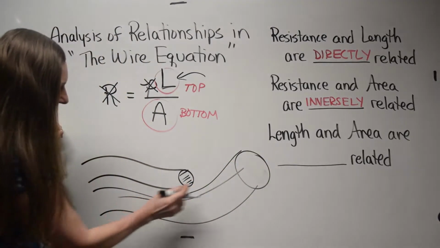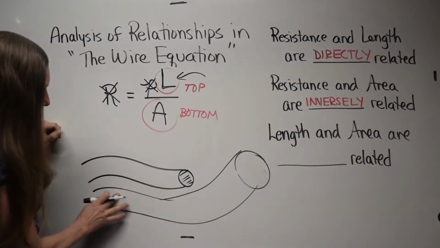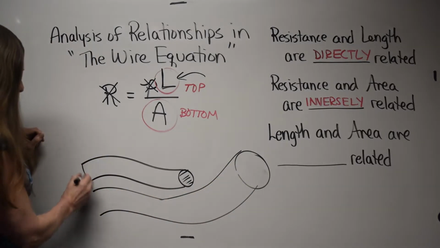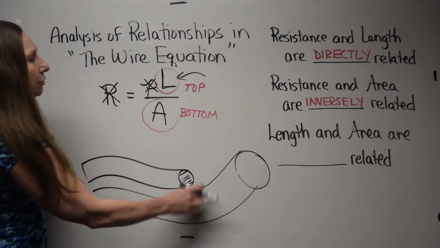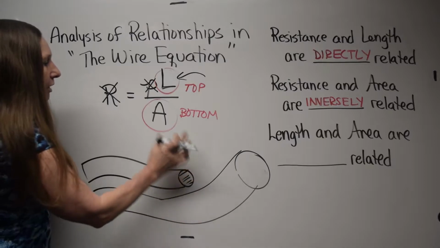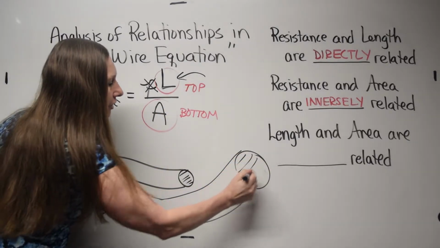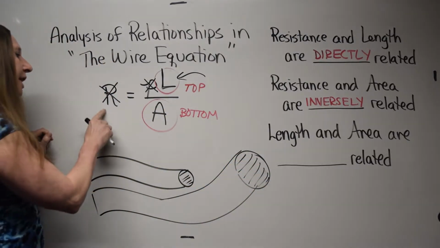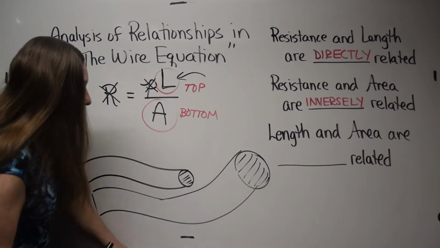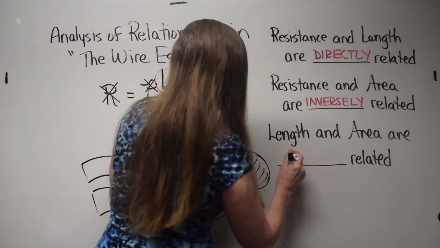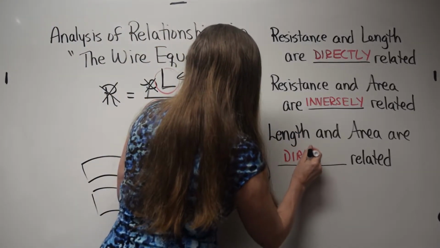I'll do it like that. What a mess. But you get the general idea. In other words, this longer piece, where the length is increased, would have to have a greater cross-sectional area in order to have the same resistance as this piece. So length and area are, again, directly related.